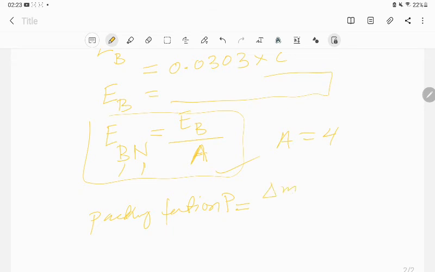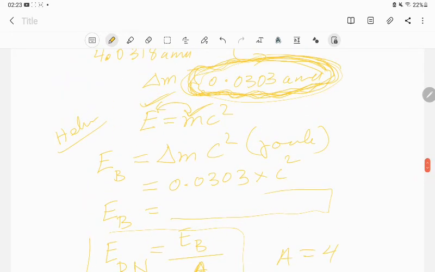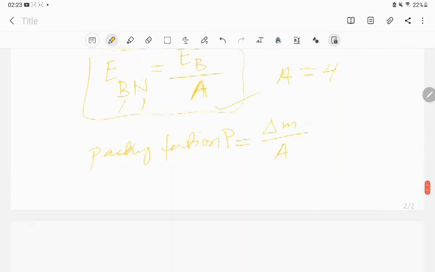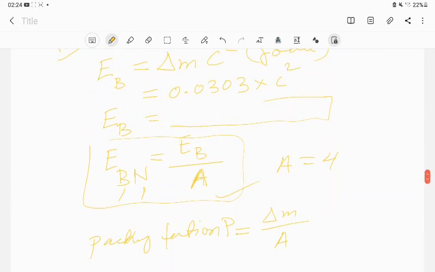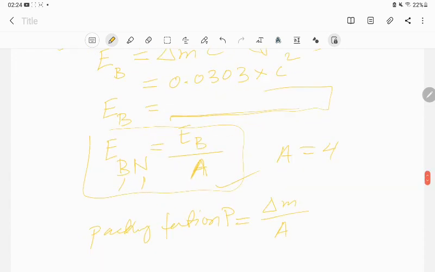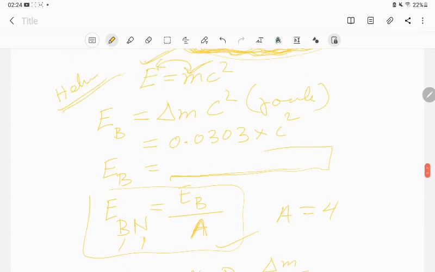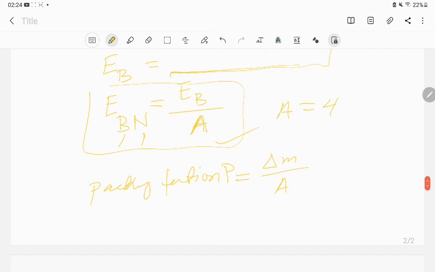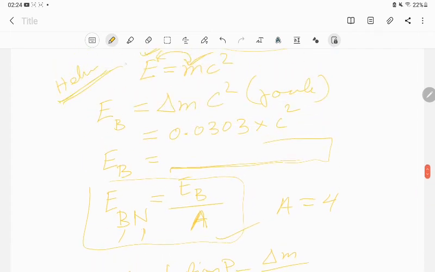So now find the binding energy of the helium nucleus, then the binding energy per nucleon, and then the packing fraction of the helium nucleus.